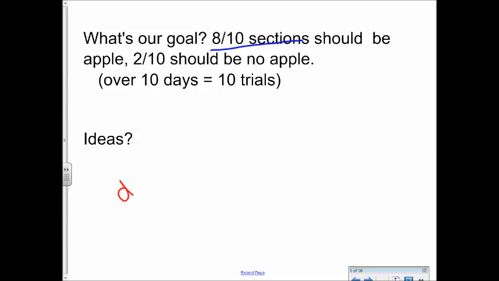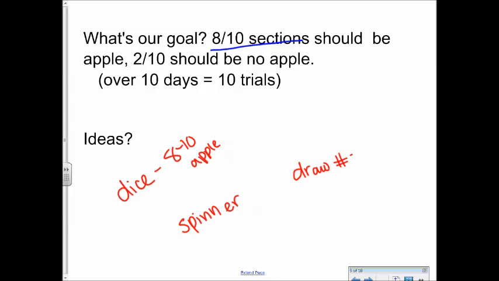Well, we could always roll a dice, and numbers 8 through 10 could be apple. Or we could spin a spinner with certain sections marked for apple. We could always draw numbers and have certain numbers be apple and other numbers be no apple. And we should do all of these 10 times.